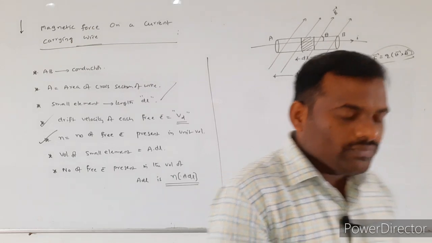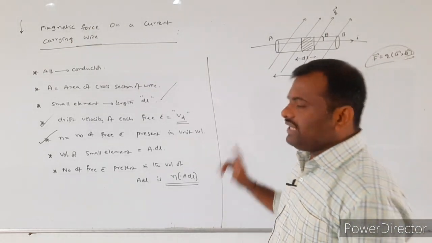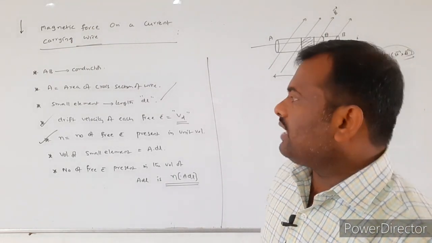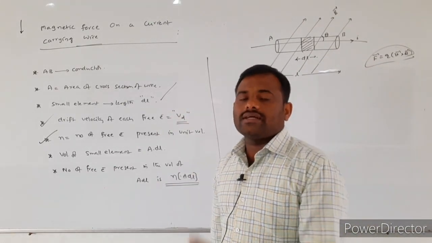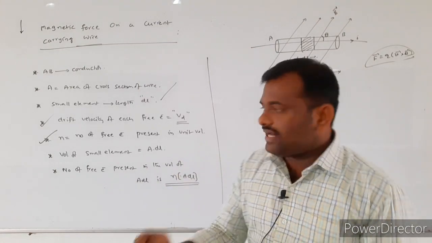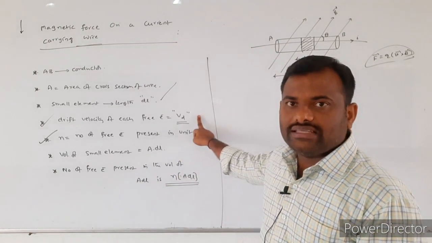Once again, we consider the small element dl. In that small element, all the free electrons drift with the drift velocity V suffix d.